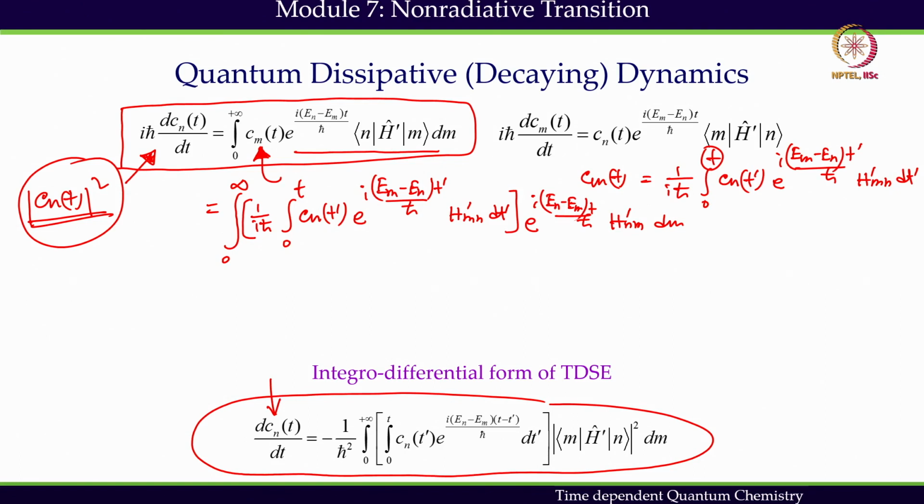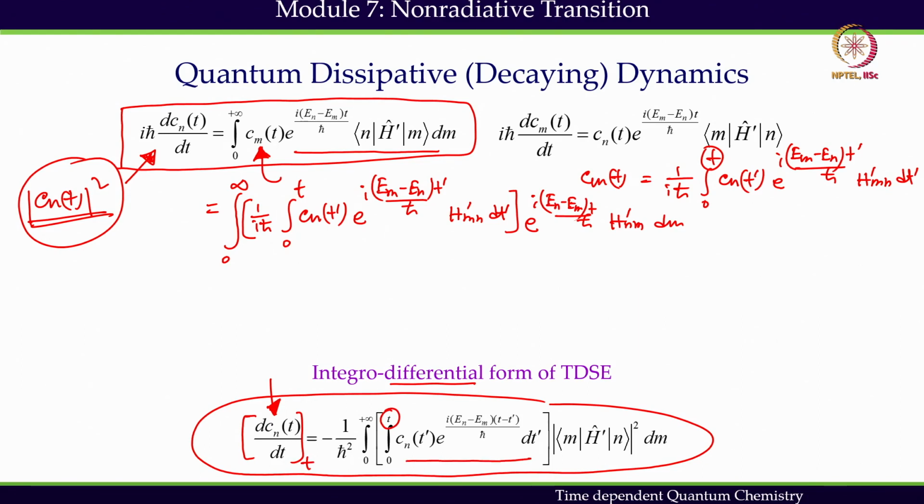This expression is an interesting form. It is a differential equation, definitely, but at the same time this differential equation depends on the integration. This derivative at time t depends on this integration over time t.